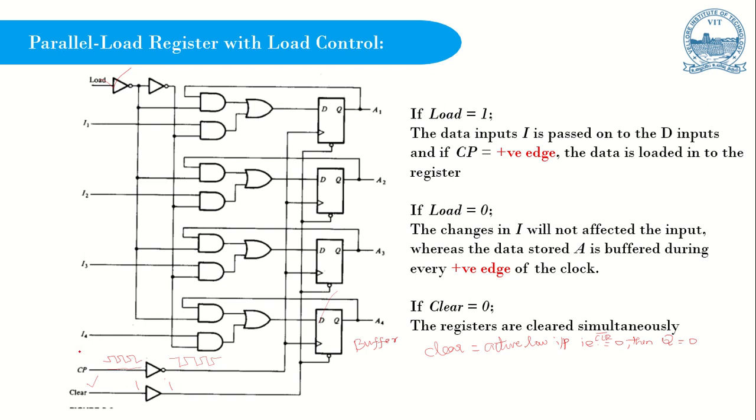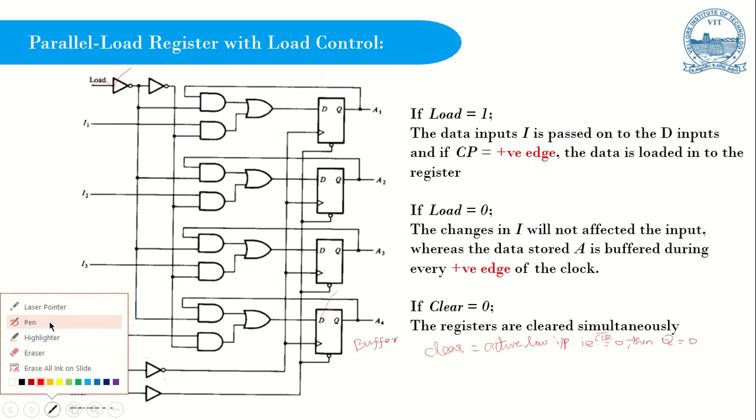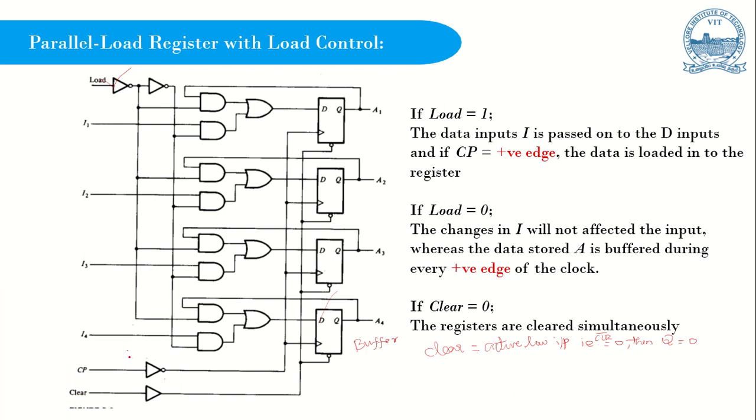So if my clock input here is negative, I'll get a positive edge over here. If my input is a negative going pulse, then the output will be a positive edge pulse. So this is the logic over here. And similarly, if I consider the load, if load is equal to 1, here I'll get 0, and here I'll get 1 again.